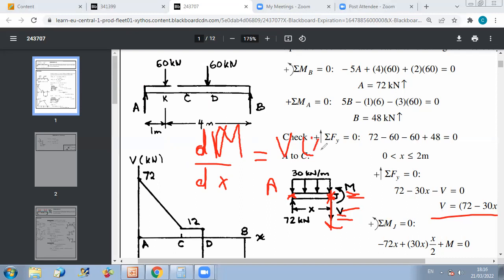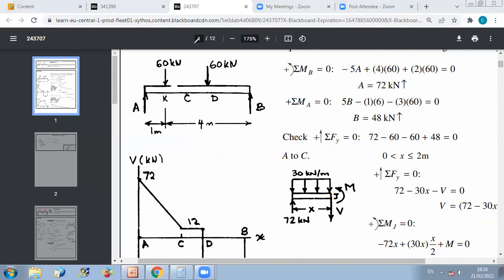We already have seen this in the review: the shear is the derivative of bending moment. So when shear is positive, bending moment is increasing. When shear is negative, bending moment is decreasing. So you can use this to verify that your equations are right. So let us do this together.